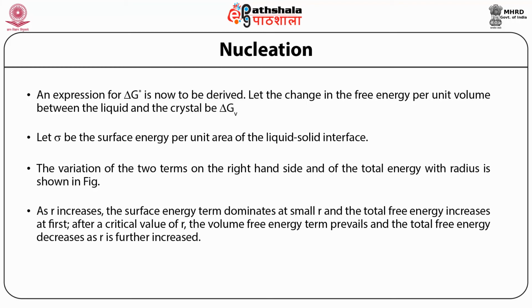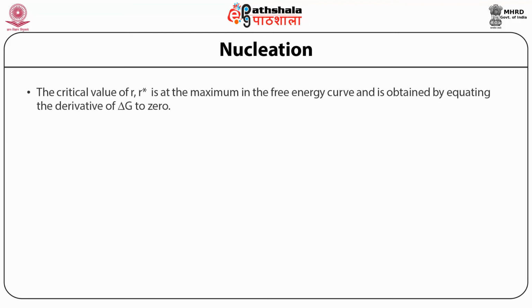After a critical value of r, the volume free energy term prevails and the total free energy decreases as r is further increased. The critical value of r, that is r', is at the maximum in the free energy curve and is obtained by setting the derivative of delta G to 0.